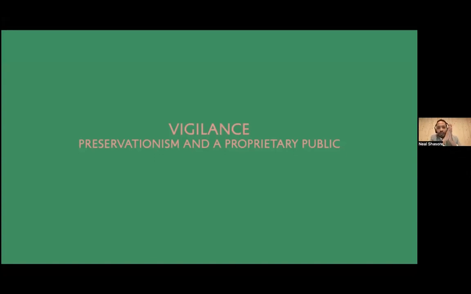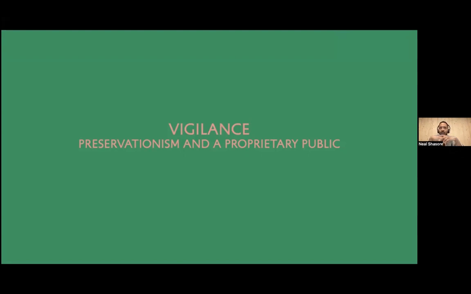Vigilance, chapter 4, Preservationism and a Proprietary Public, talks about how this world of conservation and preservationism also gets cast in terms of the public, and in terms of public ownership, a kind of public inheritance. But also, the word vigilance is often evoked in terms of sexual impropriety in the 19th century.